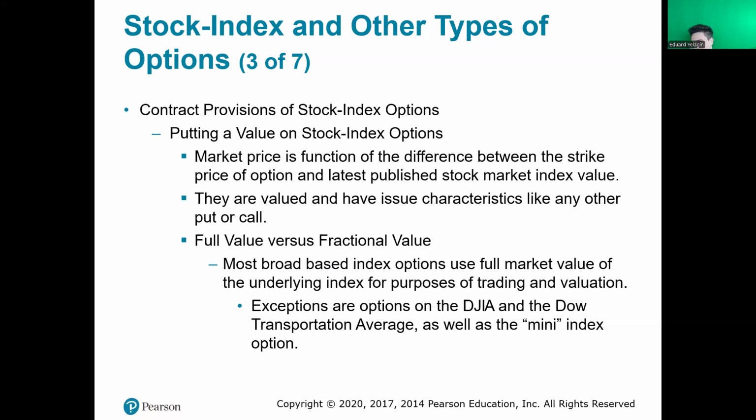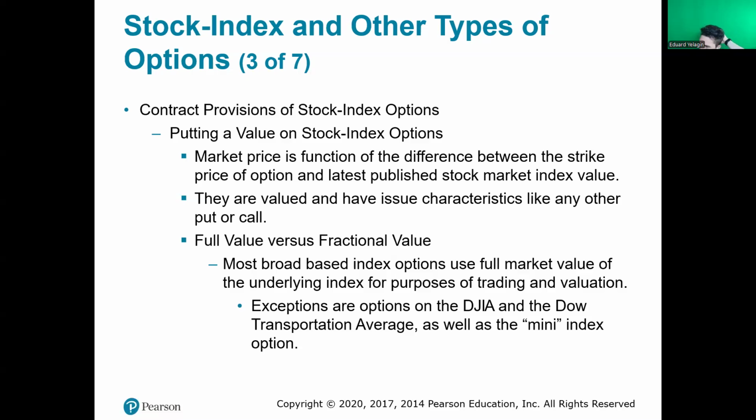Aside from that, index options behave like any other option. Their value is influenced by volatility, time to expiration, and interest rates. There are also two pricing categories, full value and fractional value options. Most major broad-based index options like the S&P 500 or Nasdaq 100 use the full index value for trading and valuation, but there are exceptions, such as the Dow Jones Industrial Average and the Dow Transportation Average, which are priced on a fractional or mini basis.